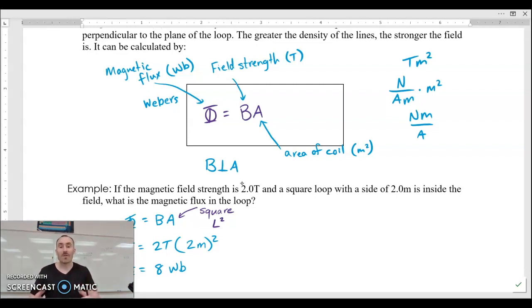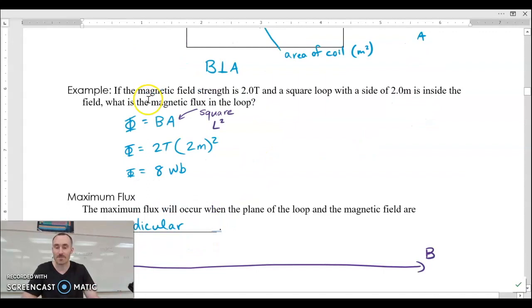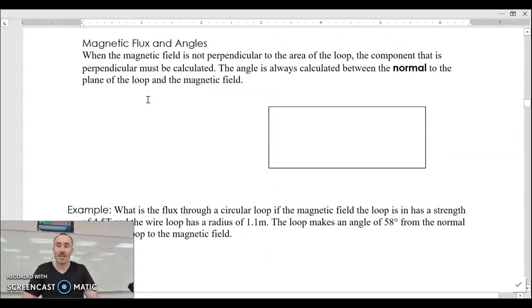So before, when we figured out force on a charge moving through a magnetic field, we needed the velocity and the field to be perpendicular to each other for the QVB formula to work. And when that wasn't the case, we attached a sine theta onto that to show that we needed to use the component of the velocity that was perpendicular to the field. And it's similar here. So we need to adjust our formula a little bit.